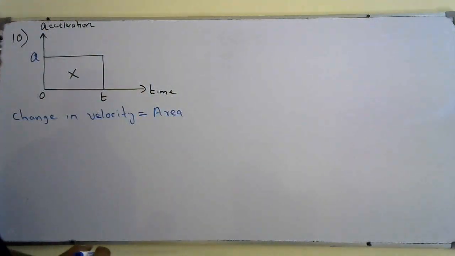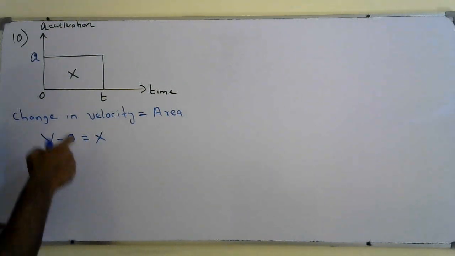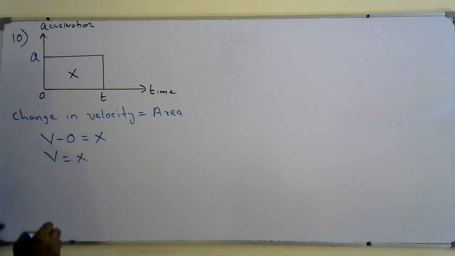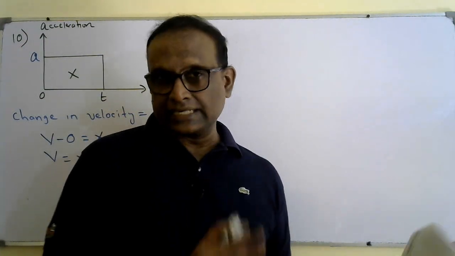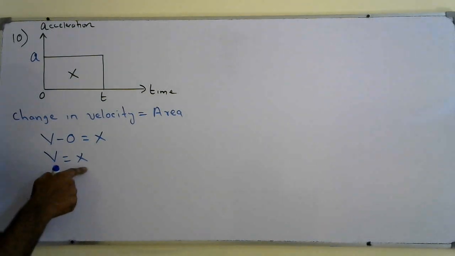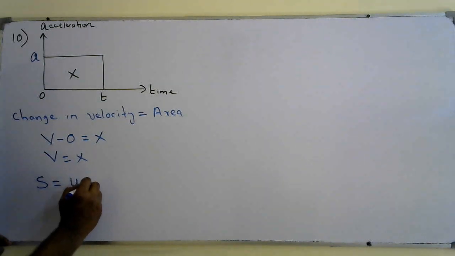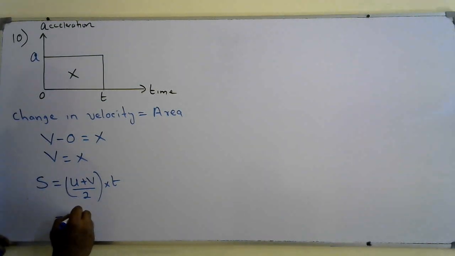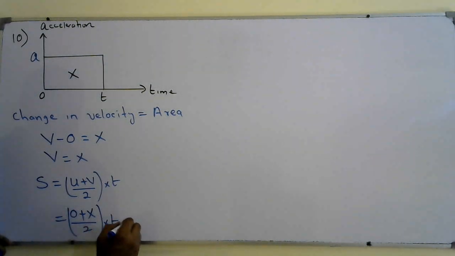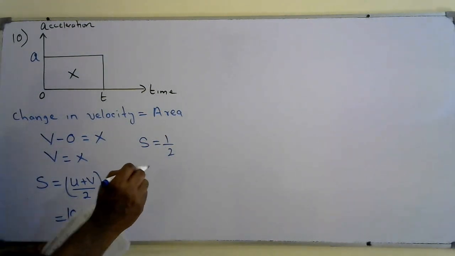So final velocity minus initial velocity is equal to the area, so v is equal to X. The question is, which expression gives the distance moved by the object during this time? I know the initial speed is 0 and the final speed is X, so I can use the equation s equals (u plus v) by 2 into t. u is 0, v is X, so X by 2 into t. If you solve it, you get s equal to half X t, or Xt by 2.